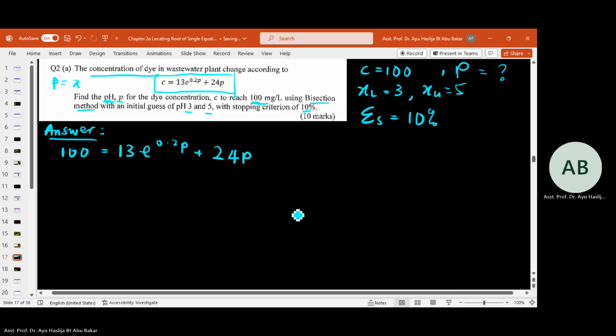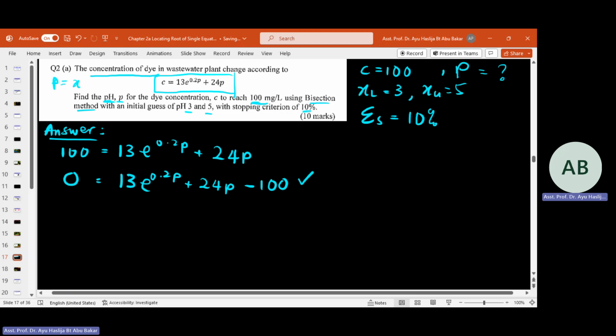So 0 equals to, minus 100. So this is the equation that you will be using for the bisection method.